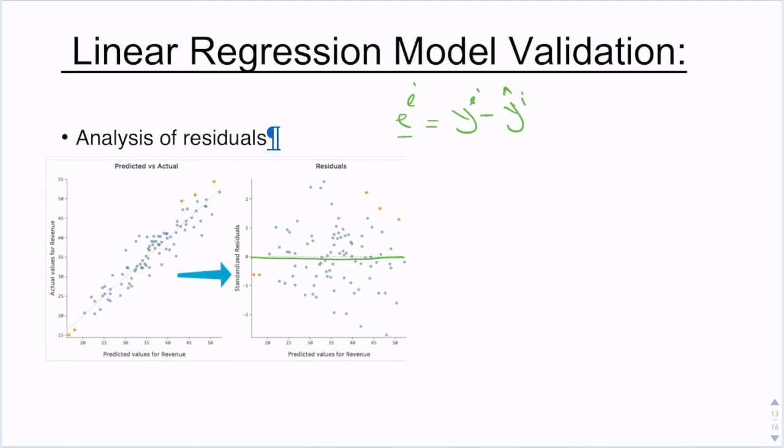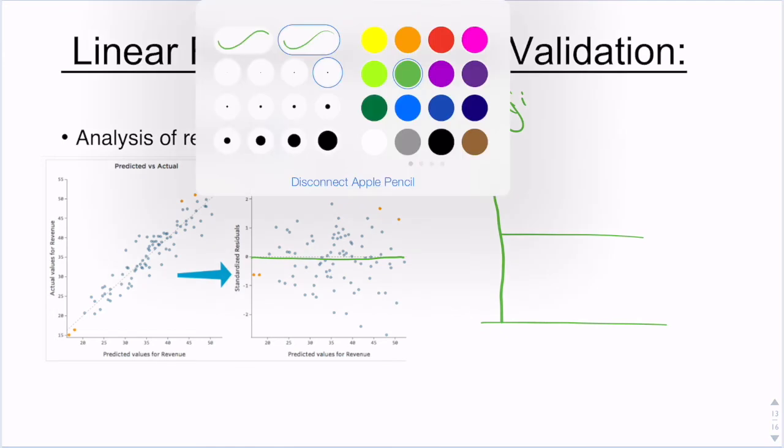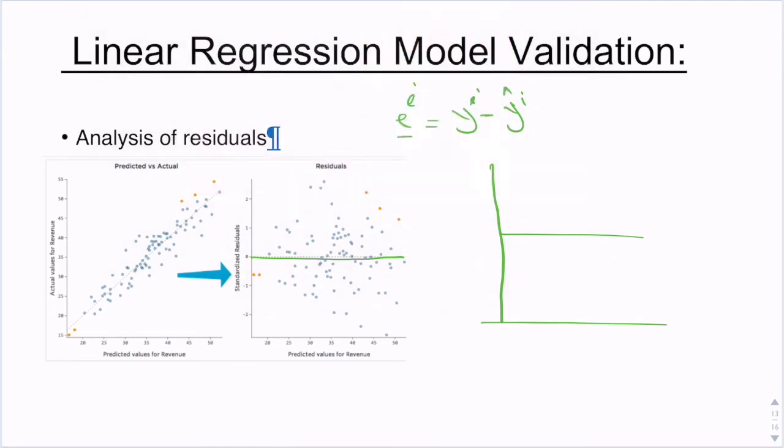For instance, if you have an error scatter like this, so let's say they're good here, and then suddenly you see errors go up here, they're not symmetric, that scatter plot indicates that this regression model is not good.